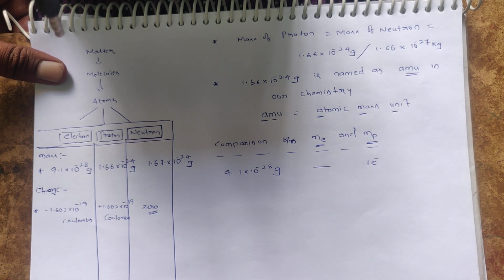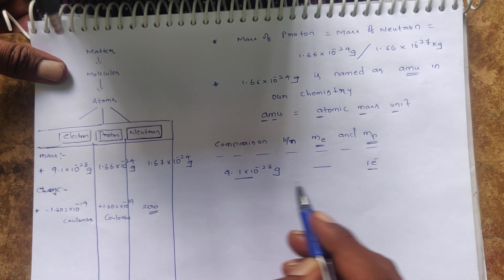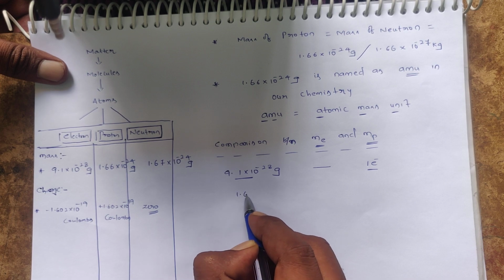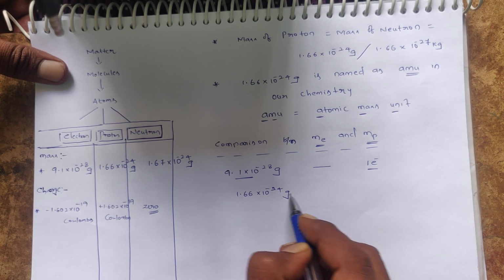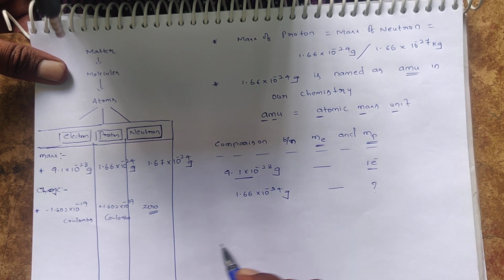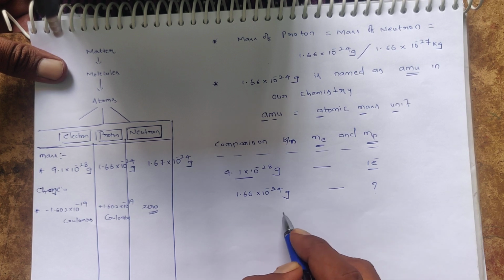In that particular mass, calculate the number of electrons. Already we know that these many grams is equal to 1 electron. Then 1.66 into 10 power minus 24 grams is equal to how many electrons? So just cross multiplication.